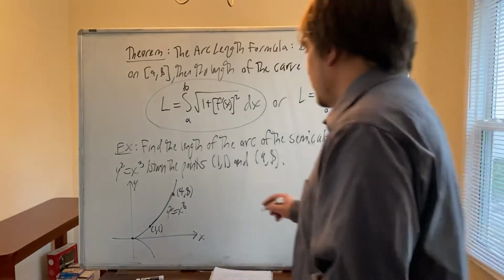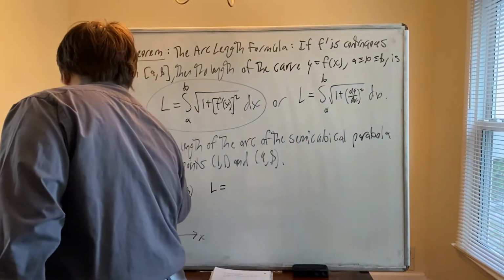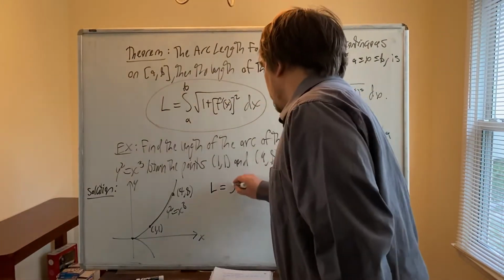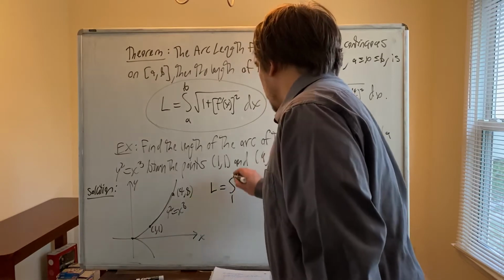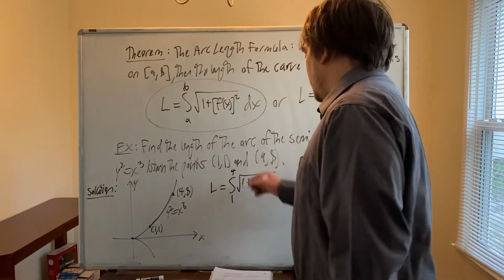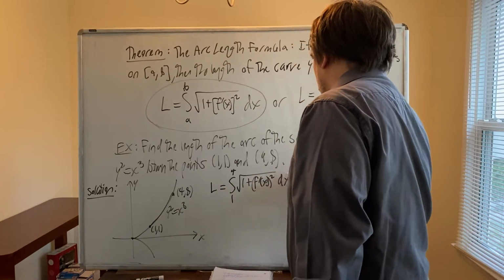So the length L, I'm going to write solution here. Okay, so the length L of this arc is equal to the definite integral from 1 to 4 of the square root of 1 plus f prime of x squared dx.